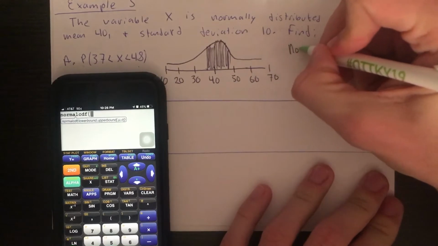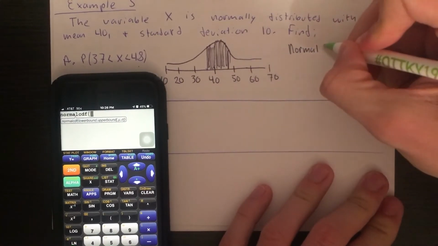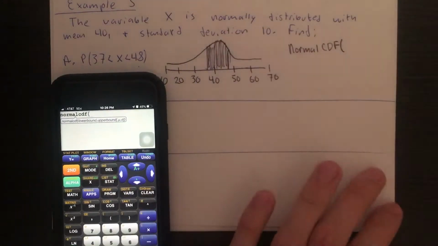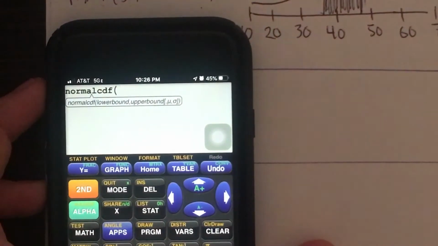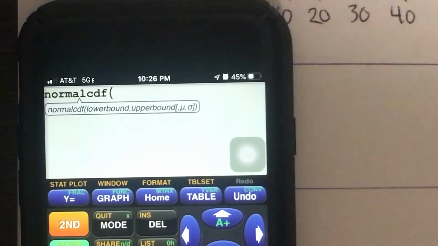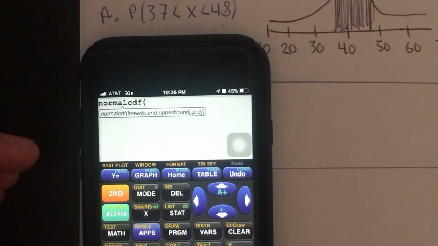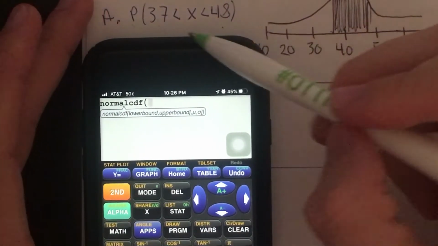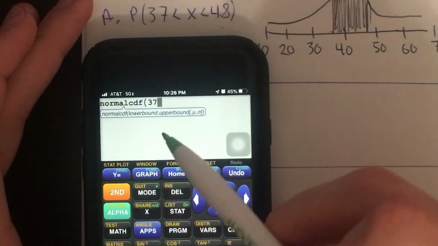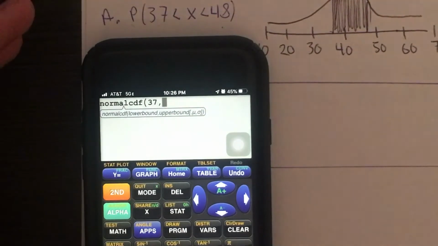So to calculate this, we're going to say normal CDF parentheses. Now on this one at least, it tells you the order of things to put in. I don't know for a regular calculator if it will pull that up or not. But the first thing we want to put in is the lower bound. So what is the lower data point that we need? Here it is 37. So I'm going to say 37, and it says we need a comma there.